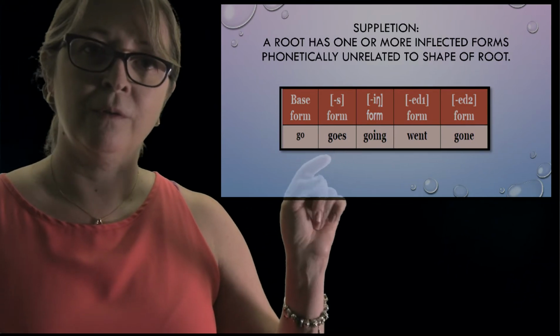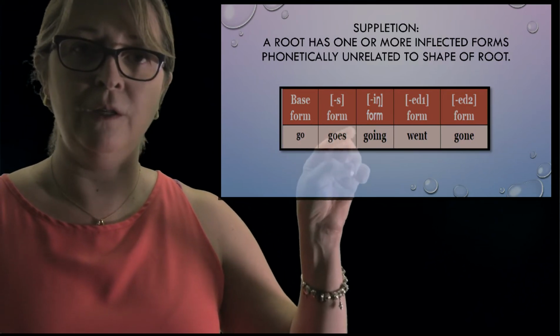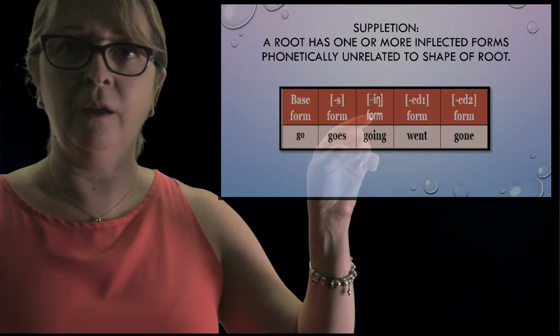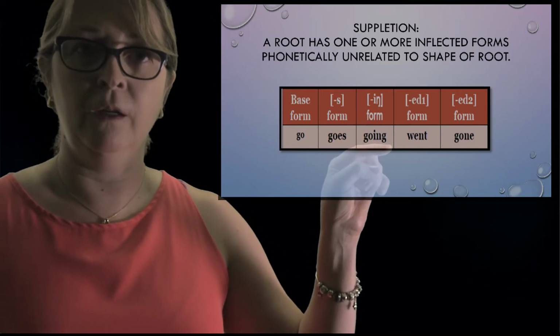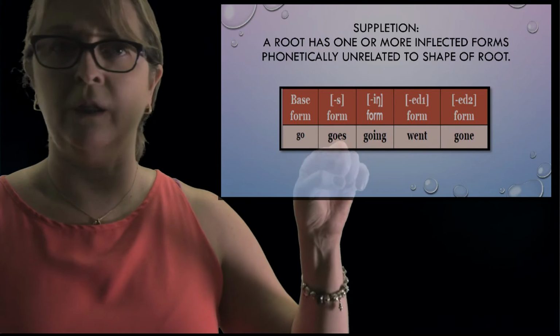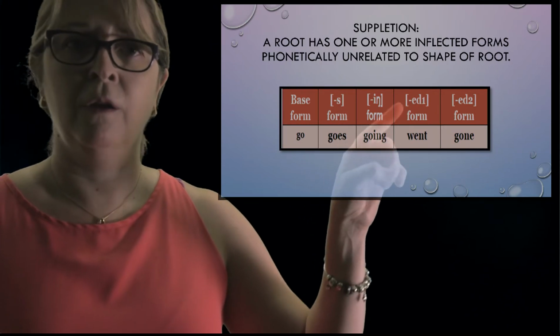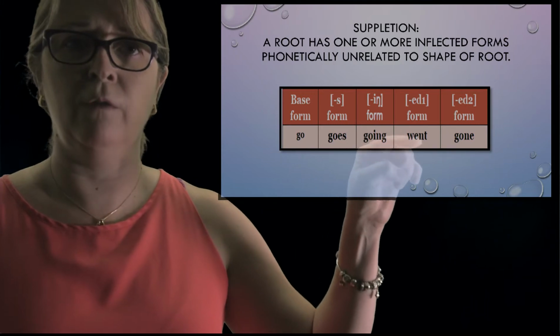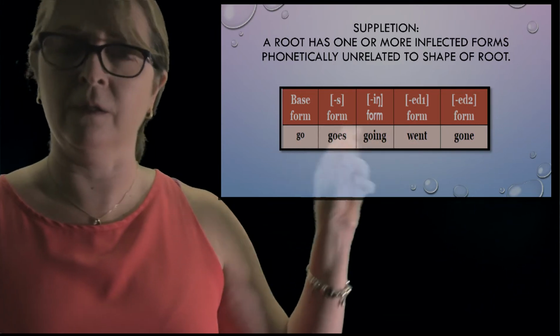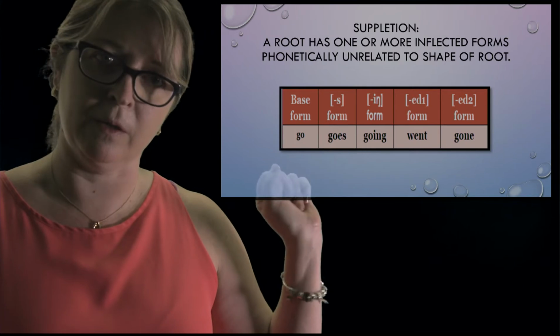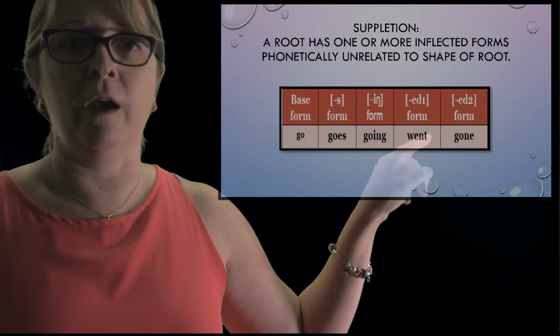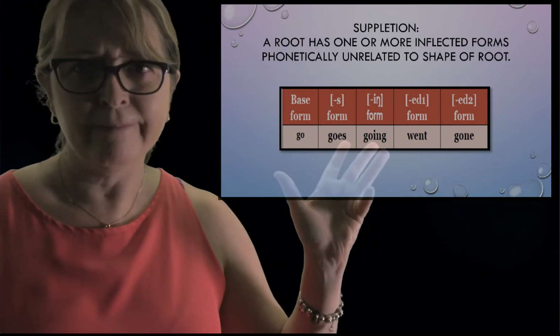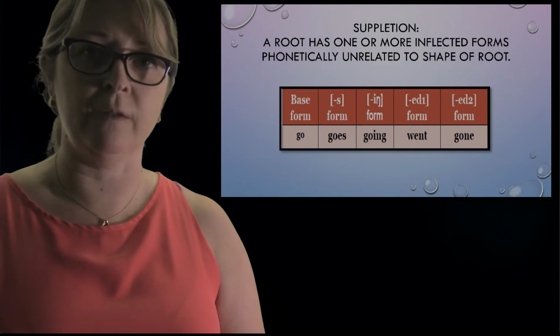Goes, the S form is actually ES, and then the ing form, going, which is not really related to the ES, right? Then we have go, go, go, and then we have went instead of goed, which would make more sense. Or I have gone. Where did that come from? So that's suppletion.